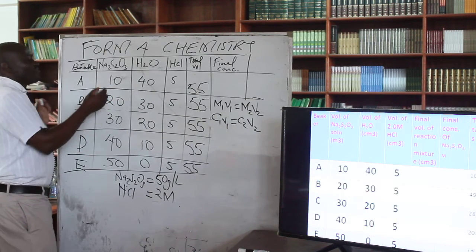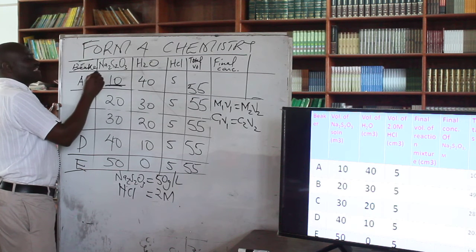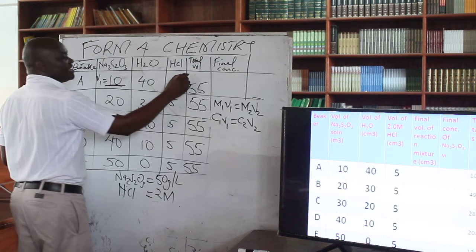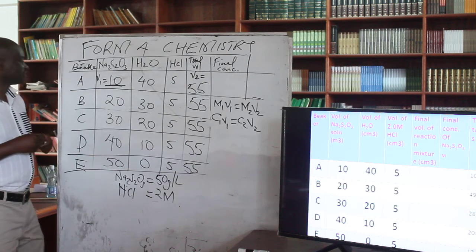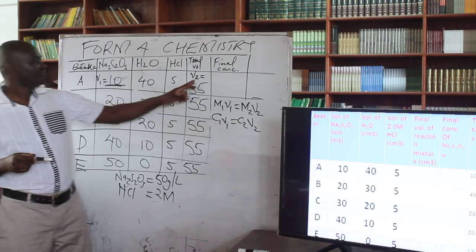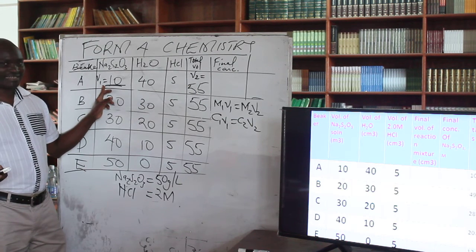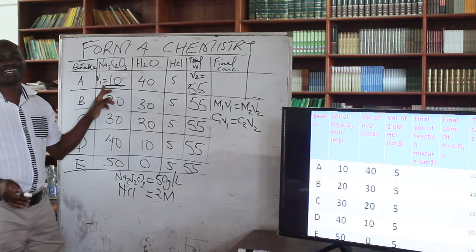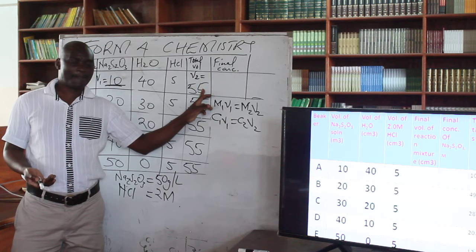The original volume is V1 and the final volume is V2. The original volume was 10. Then we added water and acid, bringing the final volume to 55.